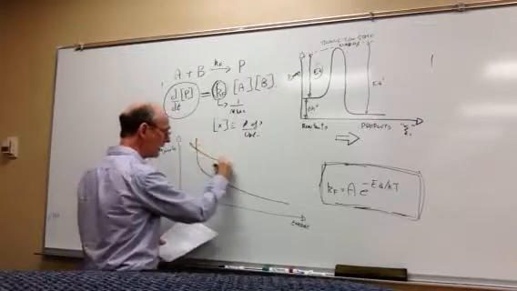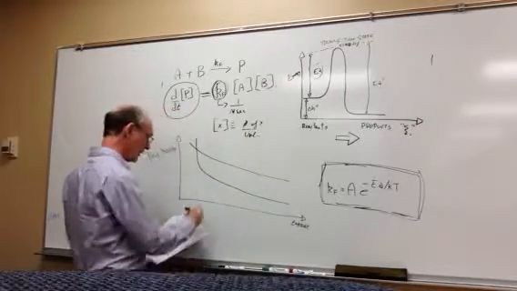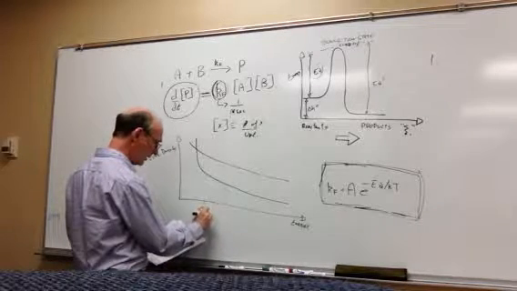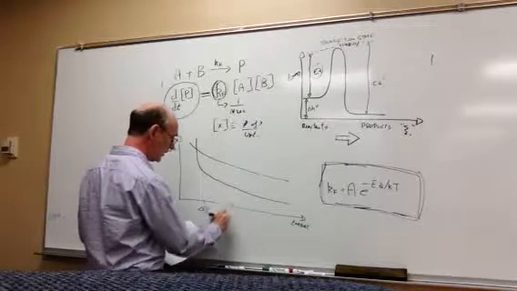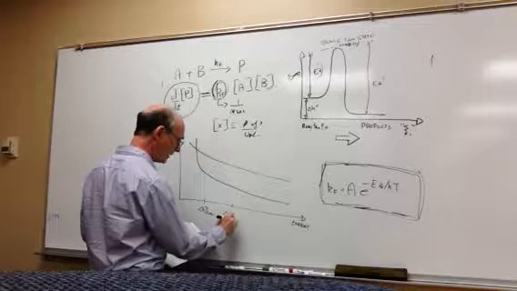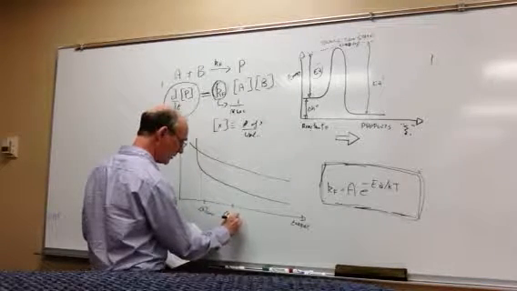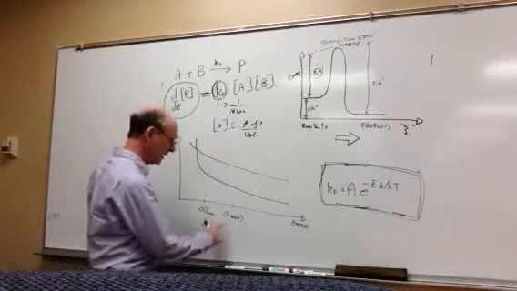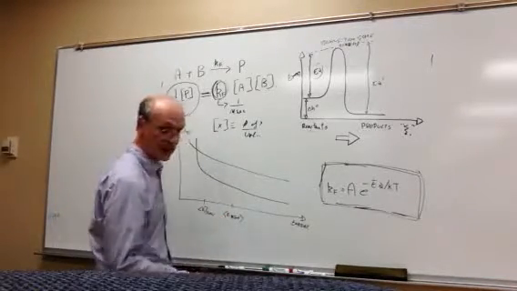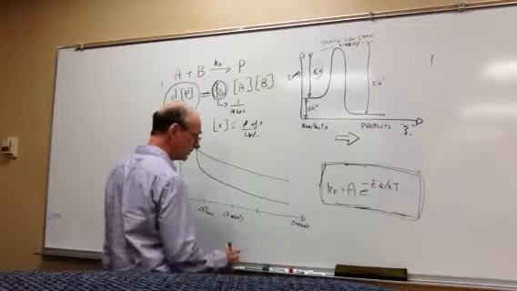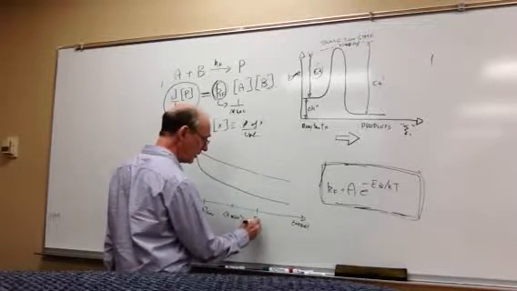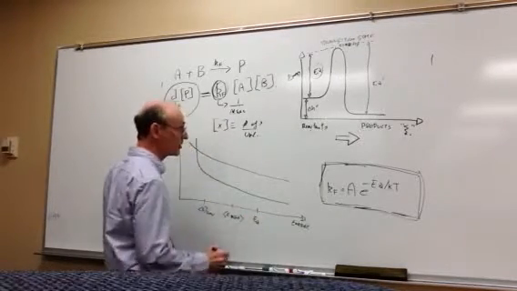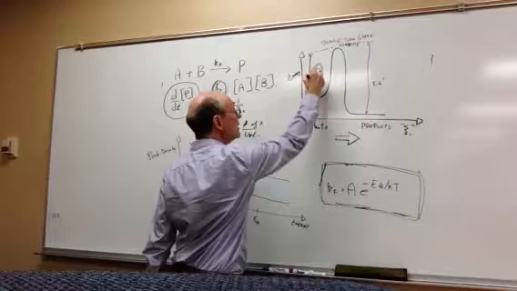At T high, the curve looks like that. And this is maybe the mean energy at T low, and this is maybe the mean energy at T high. So notice that the mean energy goes up as you increase the temperature. But it's not the mean energy that matters. It is the number of molecules that have an energy greater than Ea.